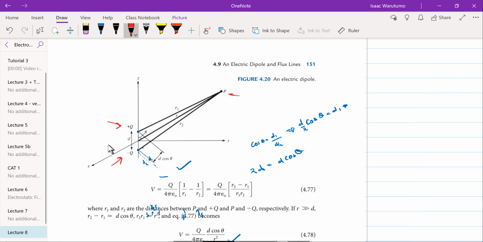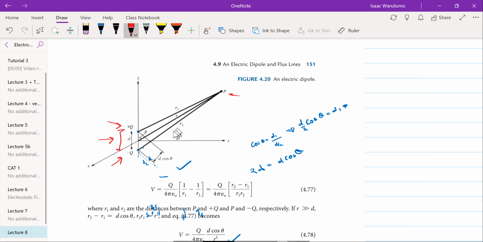The first thing that we need to observe are the dimensions that make up the dipole. The first one is the d, that shows the distance between the 2 point charges, Q plus and Q minus.